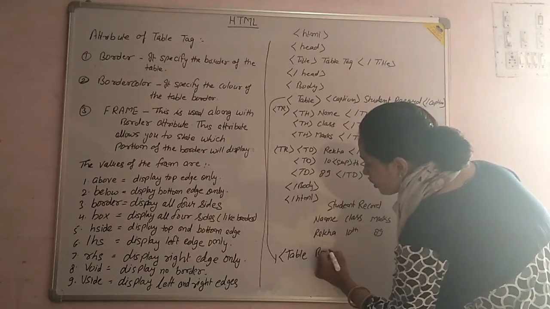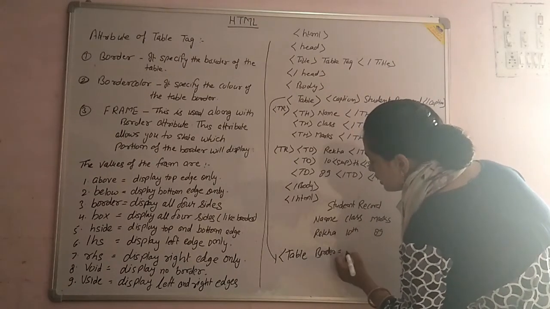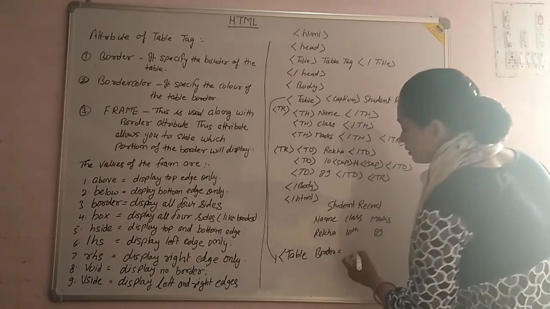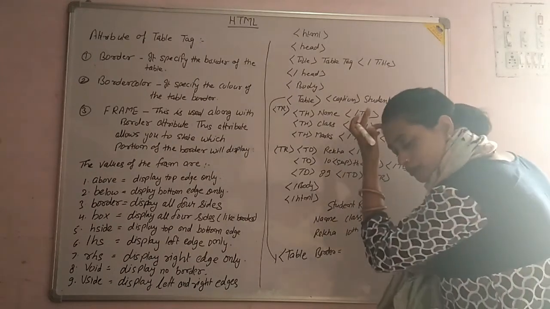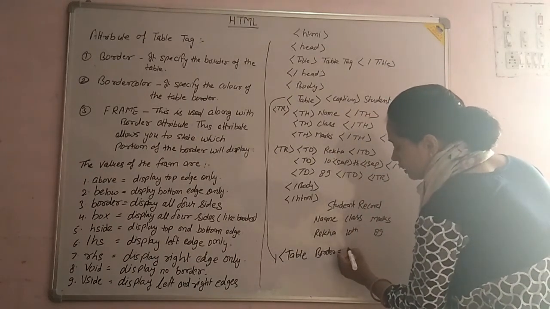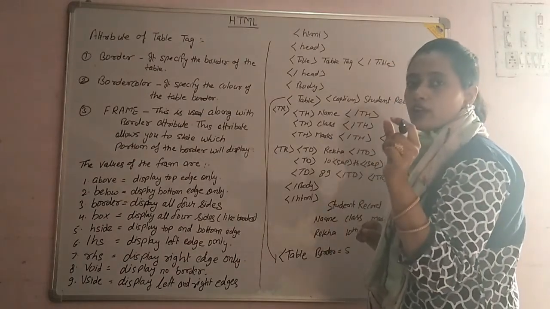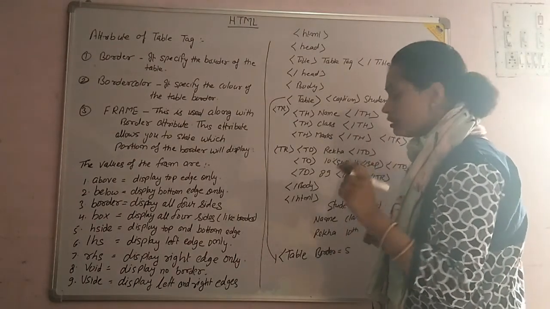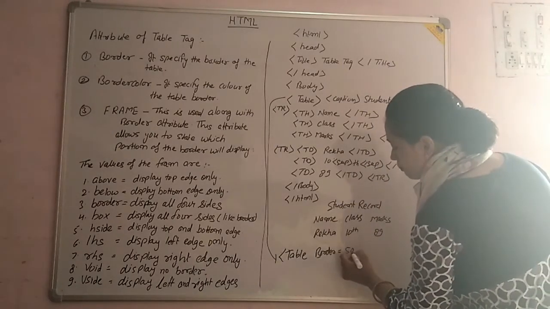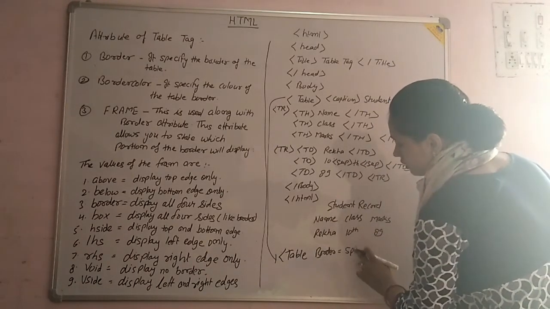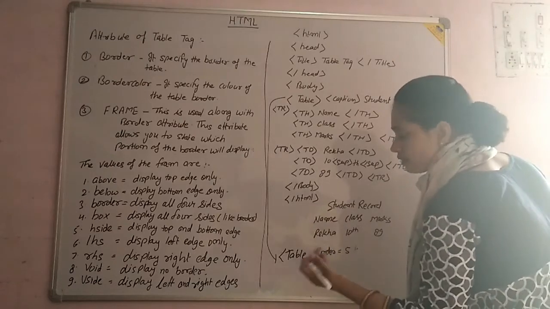In border you can assign any number value. Here I am giving 5, so the border width will appear as 5 pixels. Okay, if I am passing px pixel, you can see a little bit of width is 5 there.